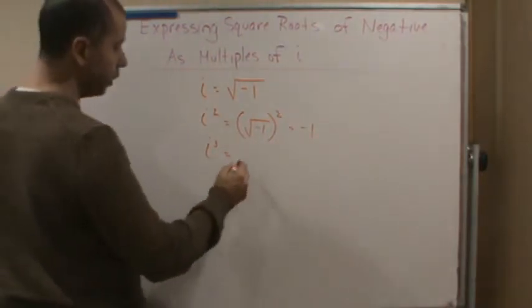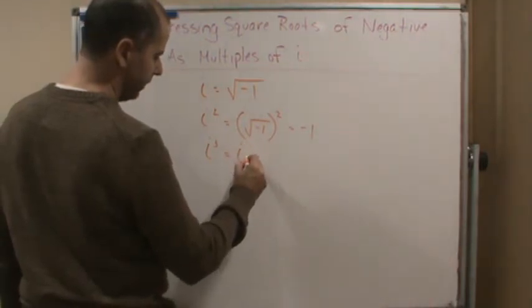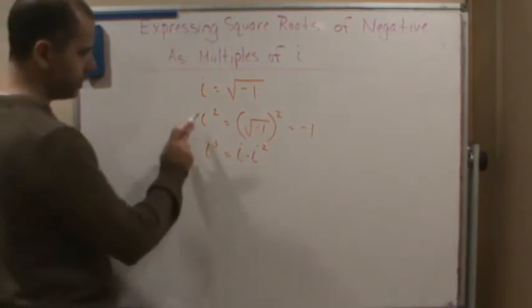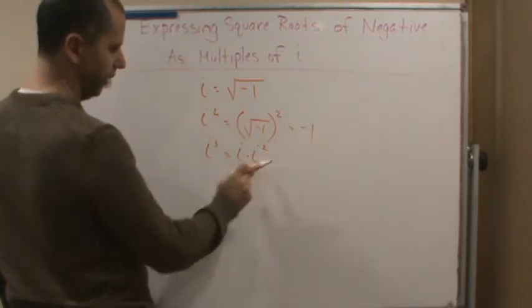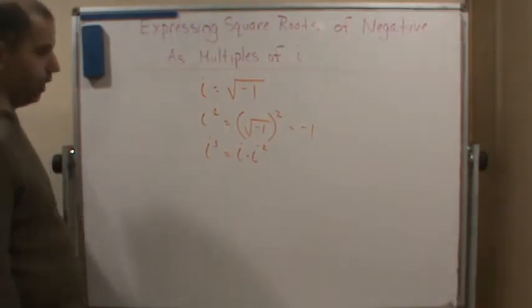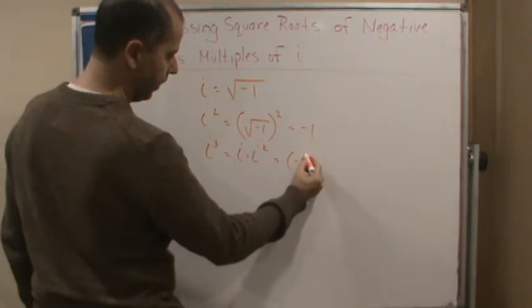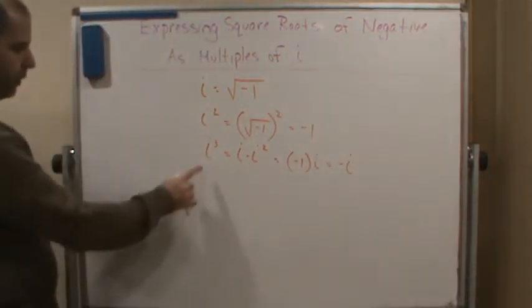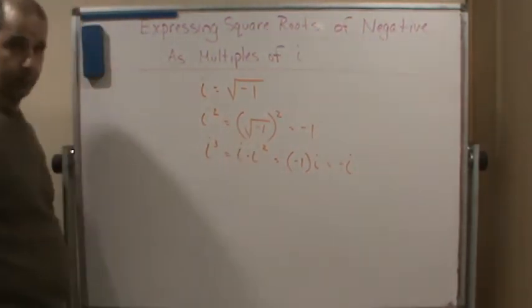One way we could look at it is i times i squared. Since i squared is -1, this is -1 times i, which just gives us -i.